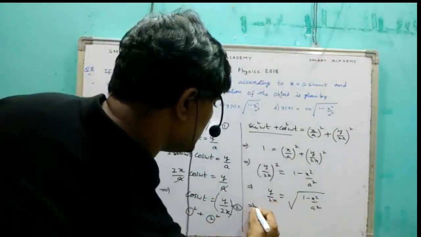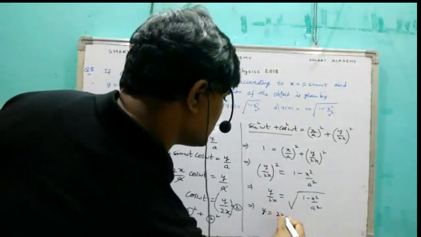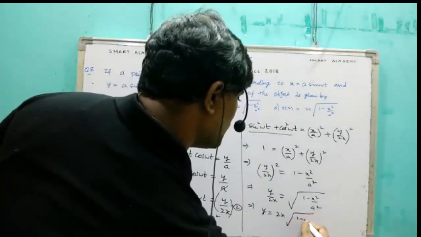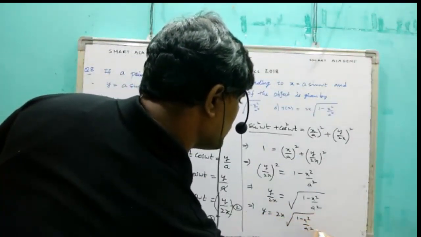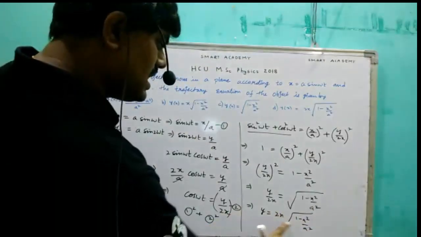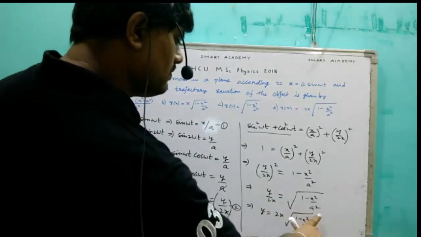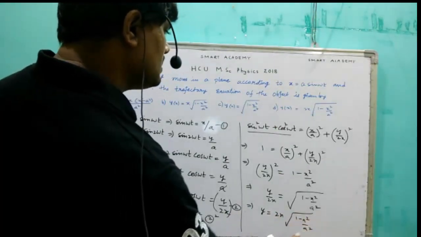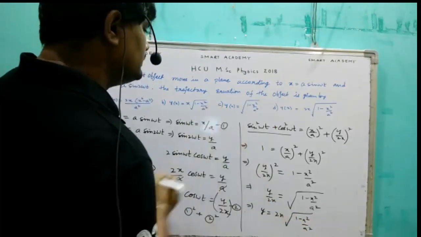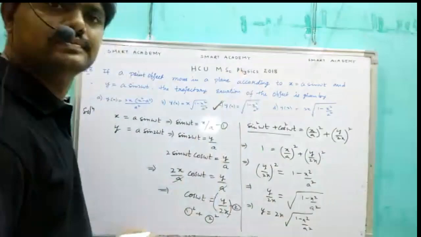And finally we get y equal to 2x into under root of 1 minus x square by a square. So this is the resultant equation, y equal to 2x into under root of 1 minus x square by a square. This tallies with option C. Okay.